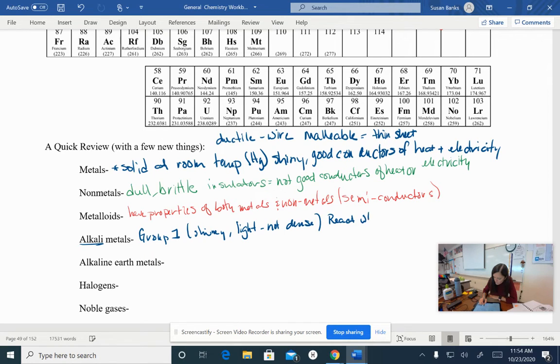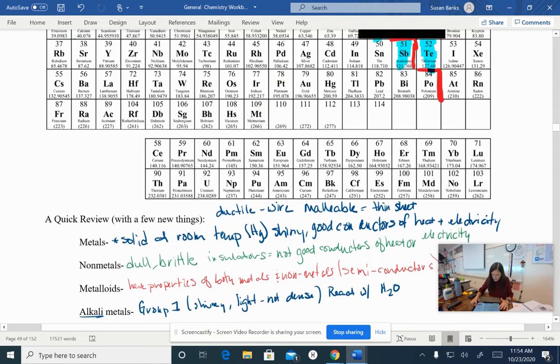In fact, I might link a video with this to have you look at this. They react with water so well that the further on you go down that group, the more reactive it is, and it gets to be quite dangerous. Okay, so the alkali metals are group 1.